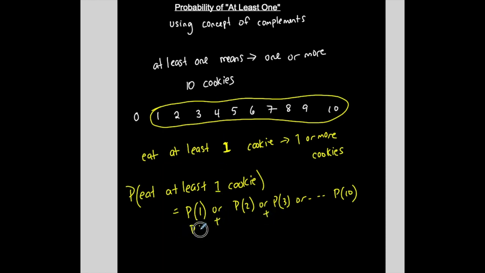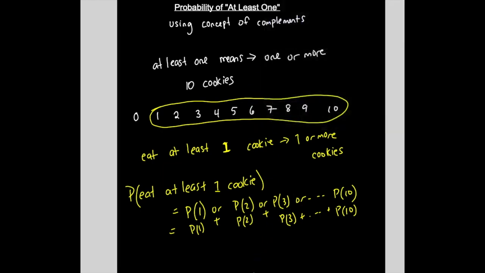So I'm doing the probability of 1 plus the probability of 2 plus the probability of 3 plus the probability all the way to 10. Now that's a big calculation, especially since I don't know the order in which I'm eating those 3 cookies. Just to calculate the probability of eating exactly 3 of the 10 cookies is a big deal in itself, let alone finding each of these different scenarios, because the order in which I eat those 3 cookies matters. So that's a pain.